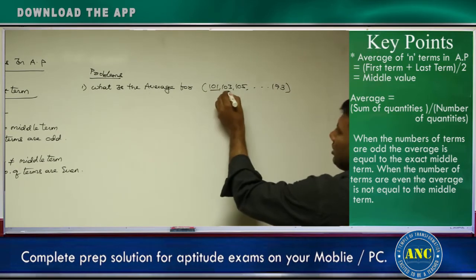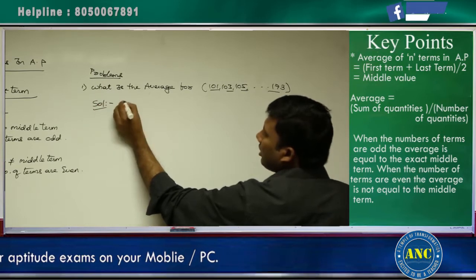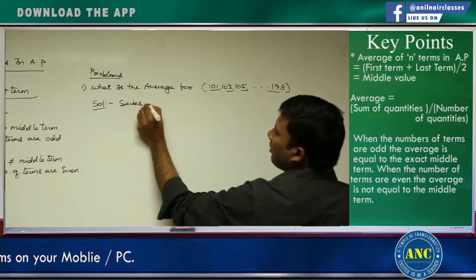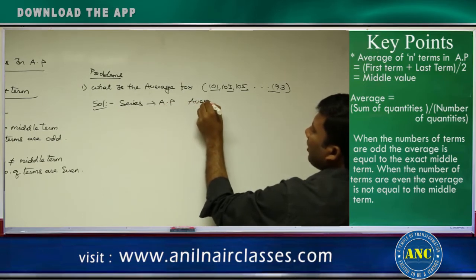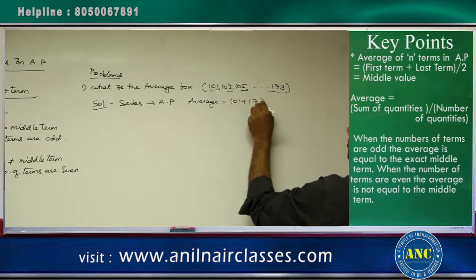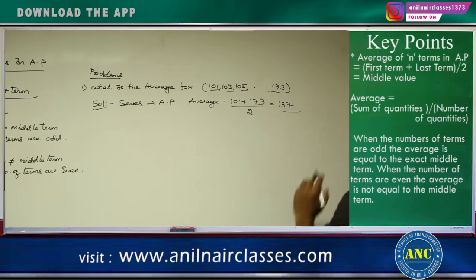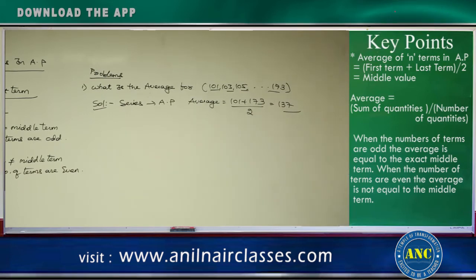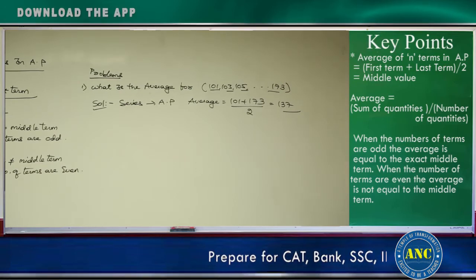Now this series is in arithmetic progression. If the series is in arithmetic progression, average is given by first term plus last term by 2. 101 plus 173 by 2 is 137. First one, very easy. Answer will be 137.